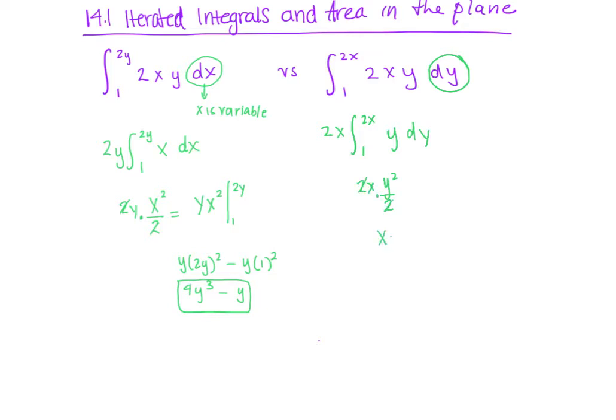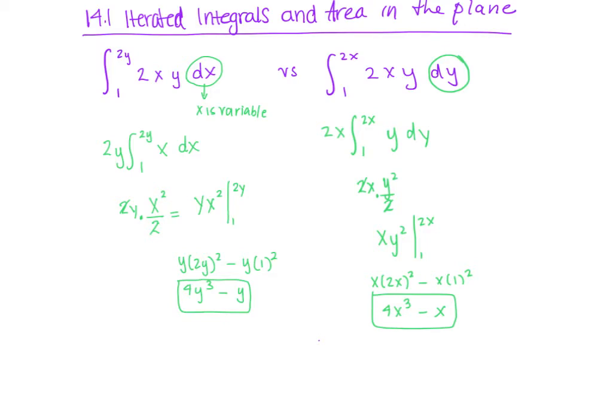So now I have xy squared from 1 to 2x, and I can plug in my limits now. X times 2x squared minus x times 1 squared is going to be 4x to the third minus x.